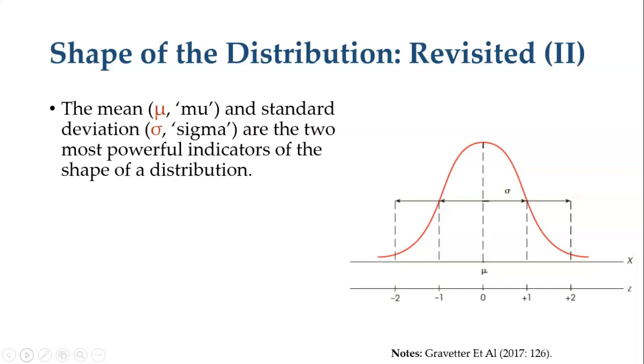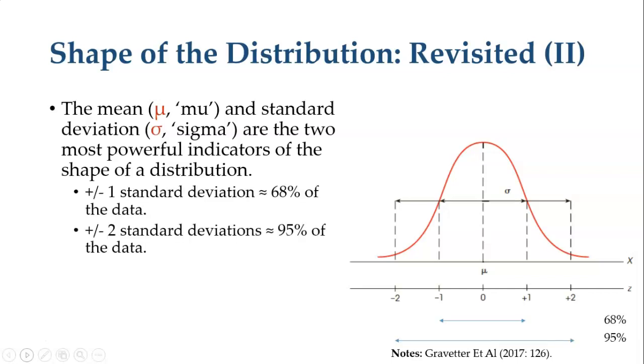As I said, the mean, which is represented with the Greek letter mu, and the standard deviation, represented with the Greek letter sigma, are the two most powerful indicators of the shape of the distribution. 68% of the data will be clustered within plus one or minus one standard deviation. Okay, and 95% of the data, so basically all the data, will be within two standard deviations.